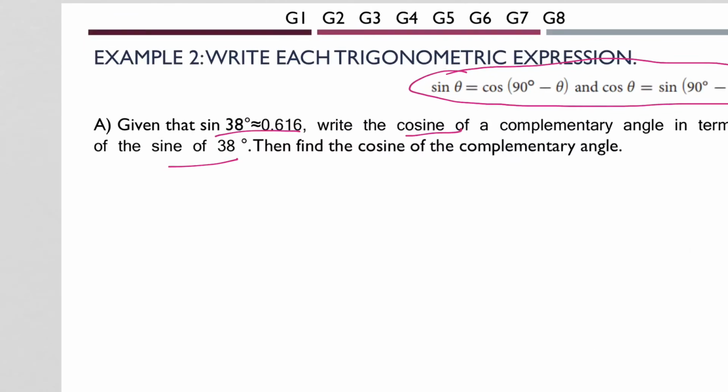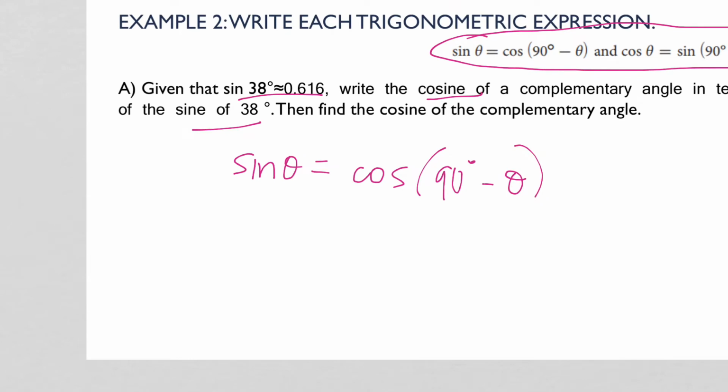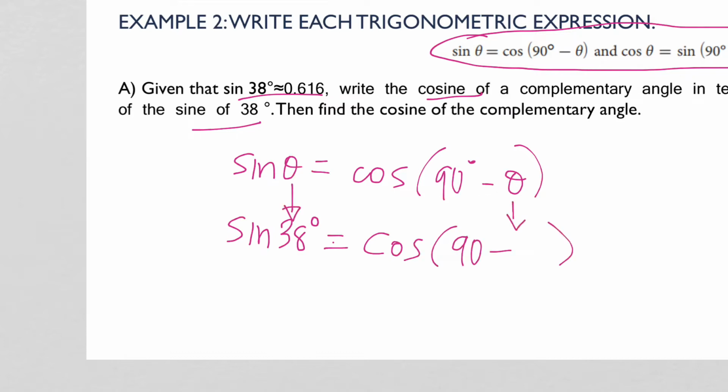So I'm going to write sine theta is equal to cosine of 90 degrees minus theta. They gave us sine of 38, so our theta is 38. So sine of 38 degrees equals cosine of 90 minus, well, this is theta, so where theta is at, I'm going to write in 38.